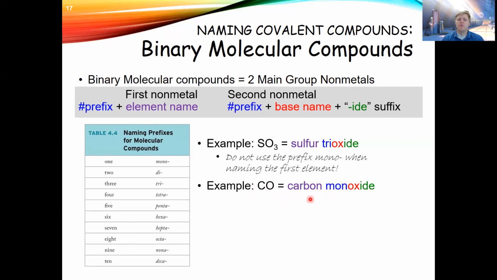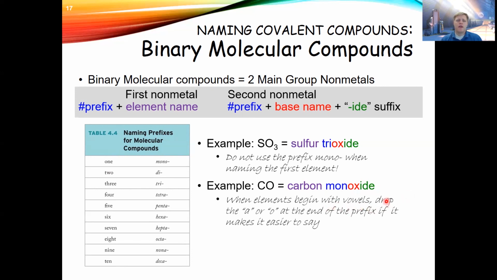We're just going to put carbon monoxide. So we have that 1 on the second one. And you'll notice that here we just put monoxide, not monooxide. Sometimes when it's pronounced, you'll hear someone say monooxide, but generally carbon monoxide is what you hear, and that's the correct way of doing it.